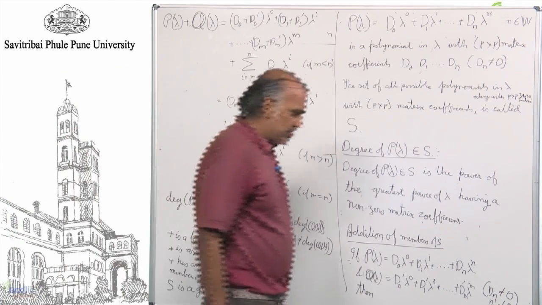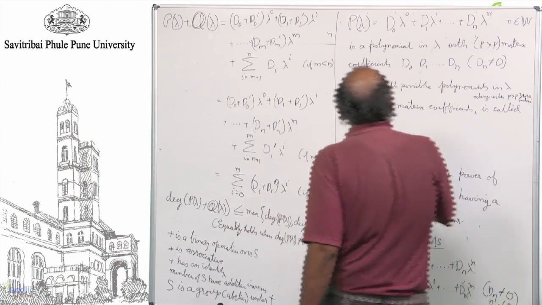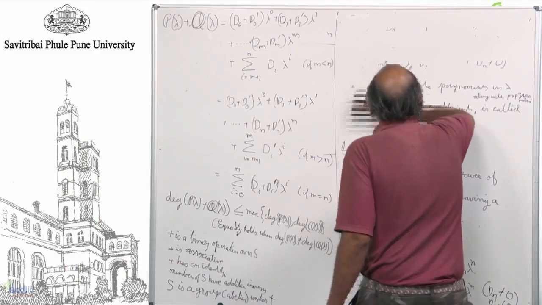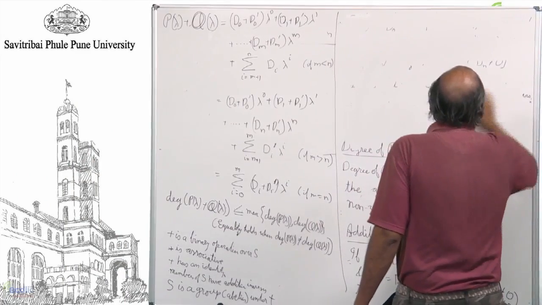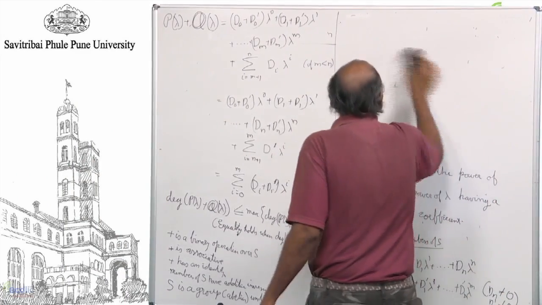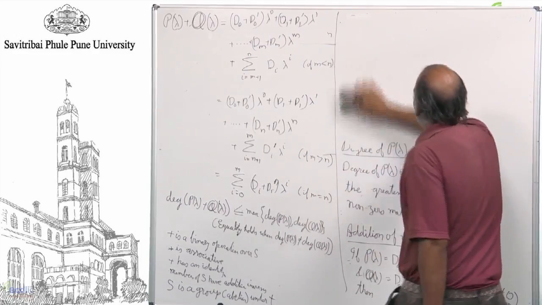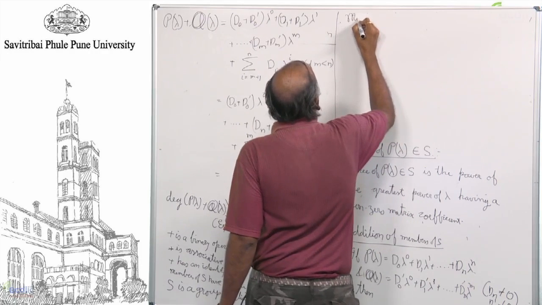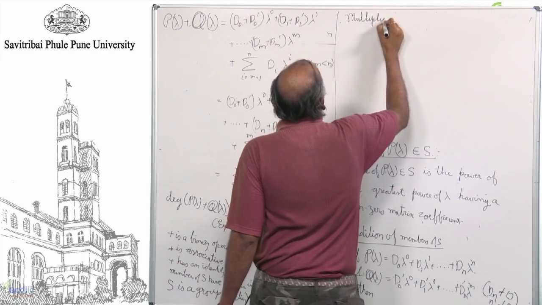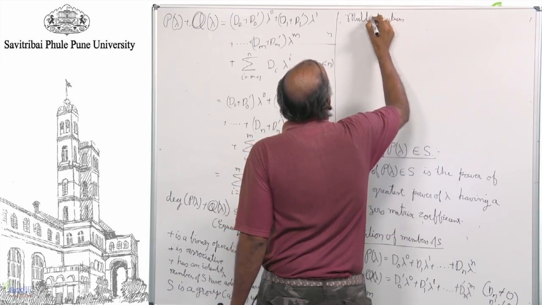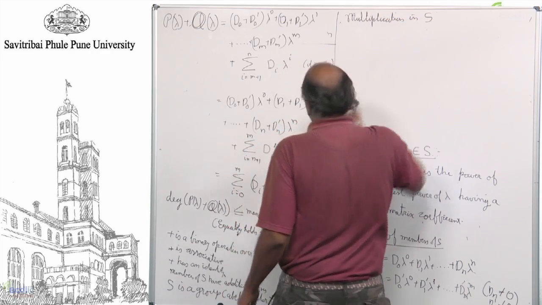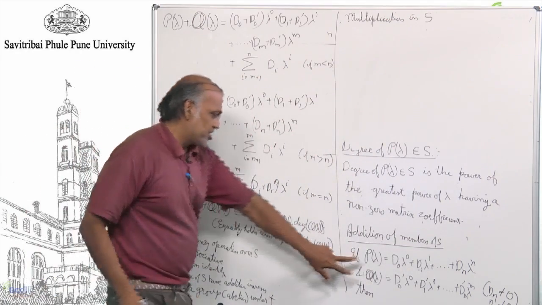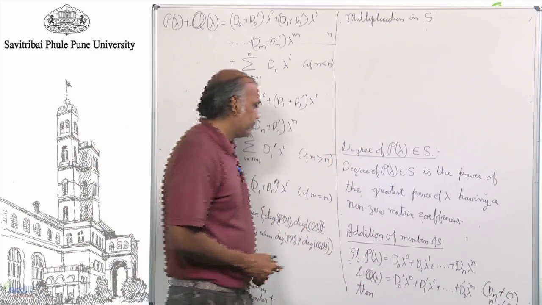Now let me come to the next operation that you define on this S. Like polynomials, you would now say, I can multiply polynomials as well. So here too, you can think of multiplying polynomials. Let me assume the same p of lambda and q of lambda which I have defined here.